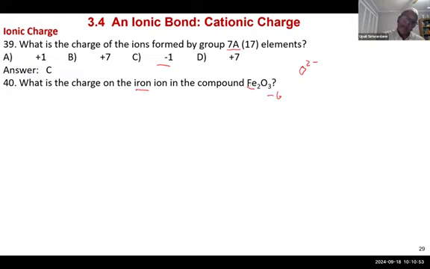In an ionic compound, the cation and anion balance off and become neutral. Therefore, total on 2 iron atoms is +6. Half of that, each iron is 3. Therefore, iron is +3. So if you look at this, that's the answer.